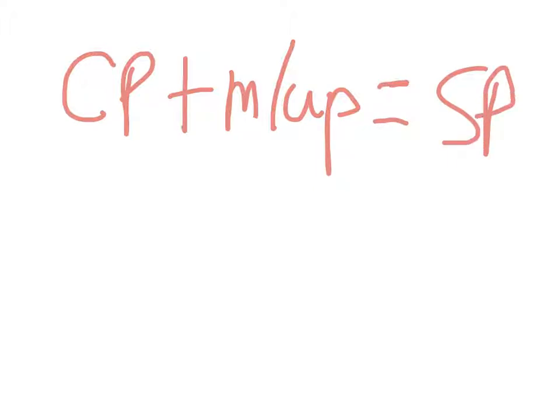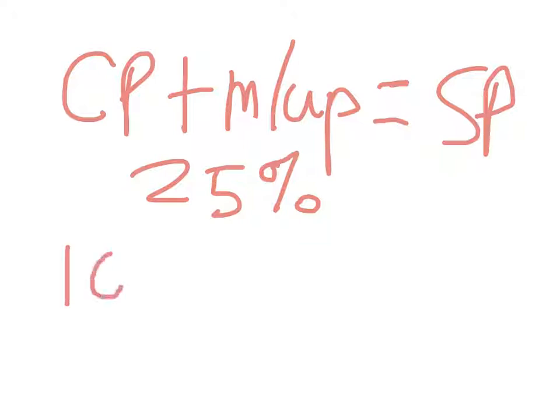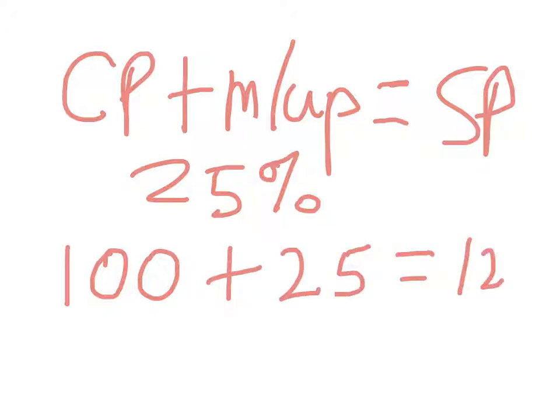So if a business uses a markup of 25%, then an item that they buy, cost price of $100, will be sold for, after adding the markup, a selling price of $125.